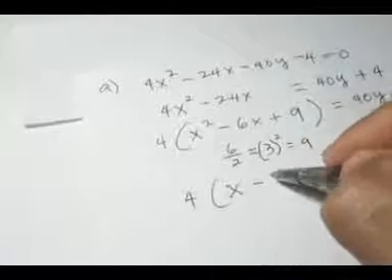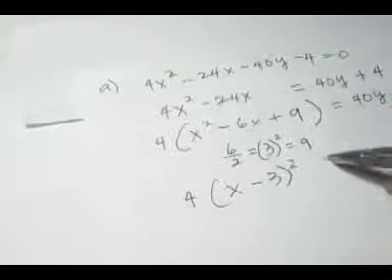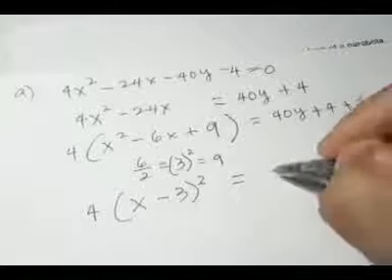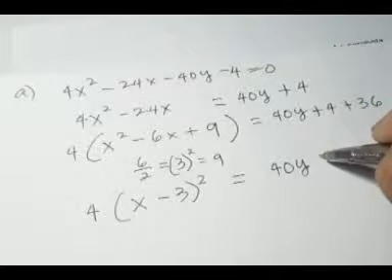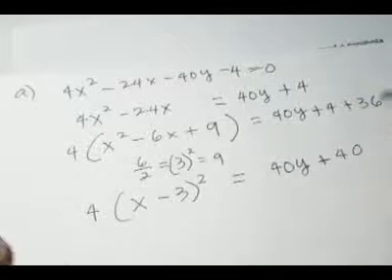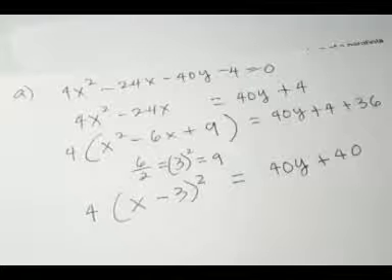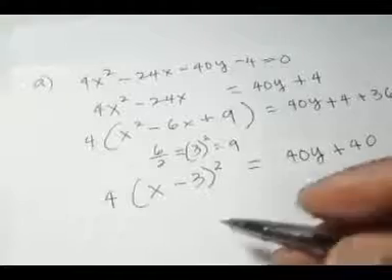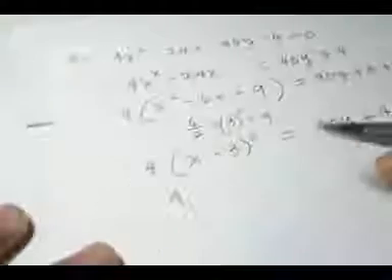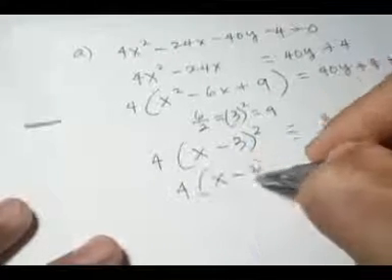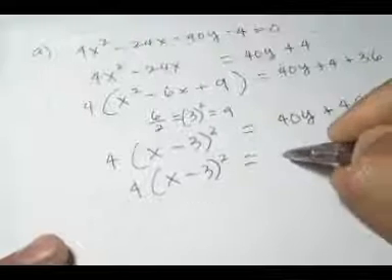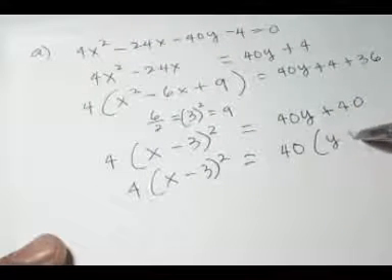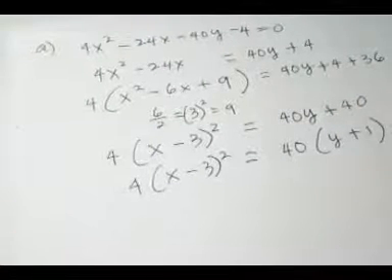X minus 3 squared equals 40y plus 40. 4 plus 36 is 40. Simplify further. X minus 3 squared equals, common factor is 40, y plus 1.